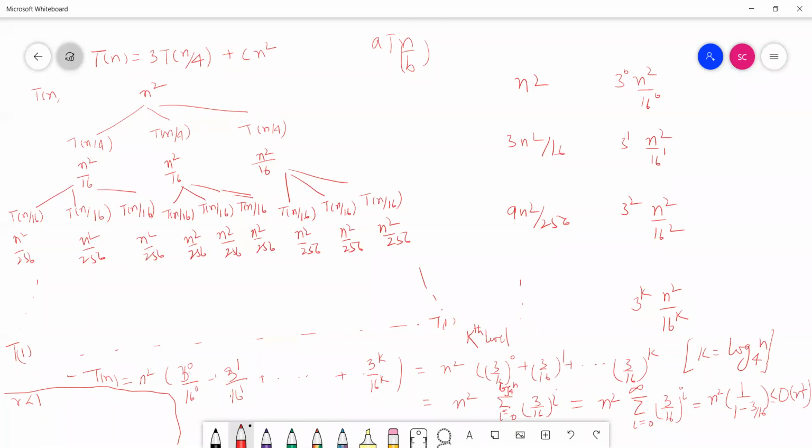Whenever r is less than 1, you have to apply this, i from 0 or 1 to infinity, whatever is there. And the formula for this is simply 1 upon 1 minus r. So it doesn't matter whether it goes to log n base 4 or to infinity. Since infinity is greater than log n base 4, we can always write infinity here, and we expand it like this. So this is the time complexity.